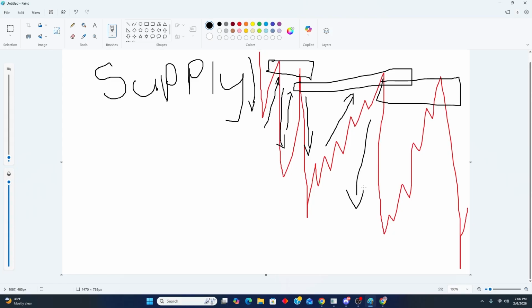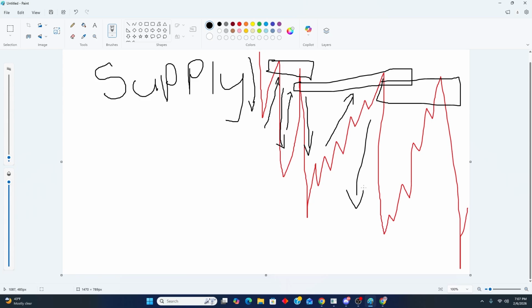Imbalances equal explosive moves. When one side is much stronger than the other, price doesn't move slowly, it moves fast. That fast move tells us where supply or demand was strong.